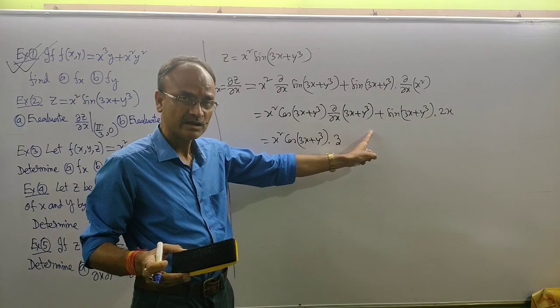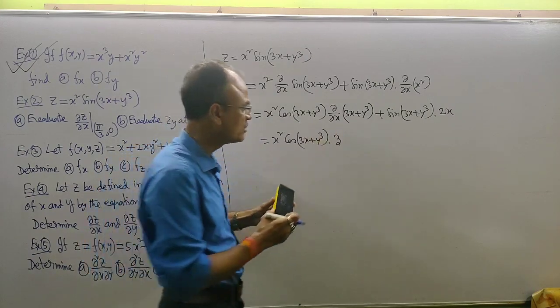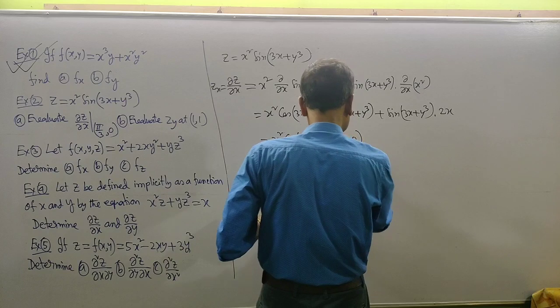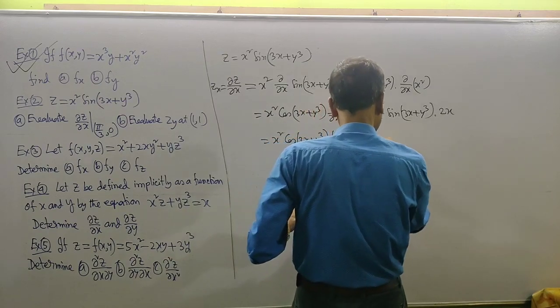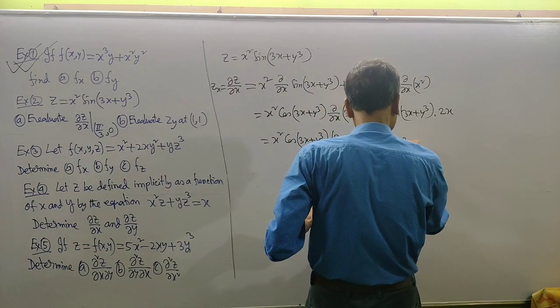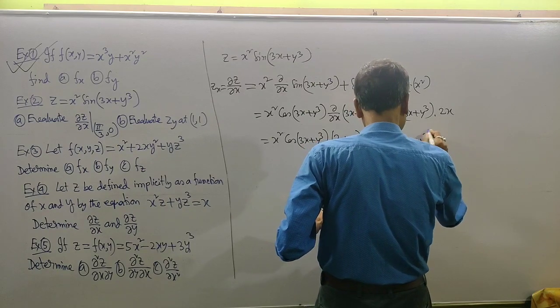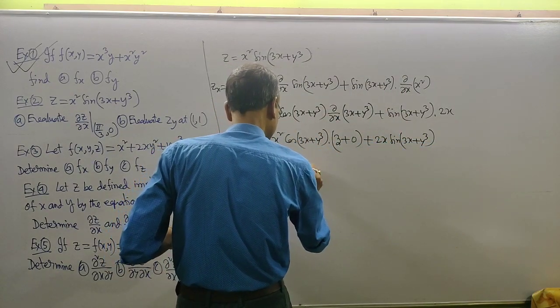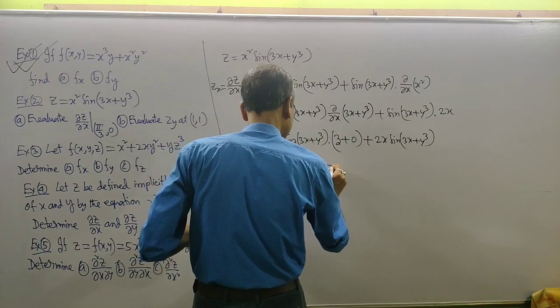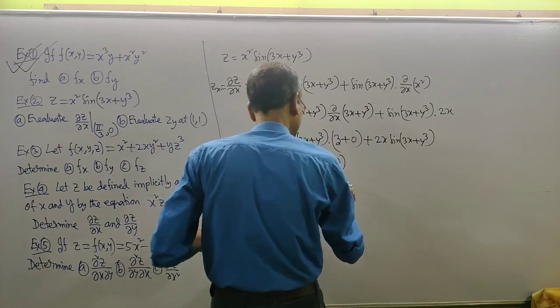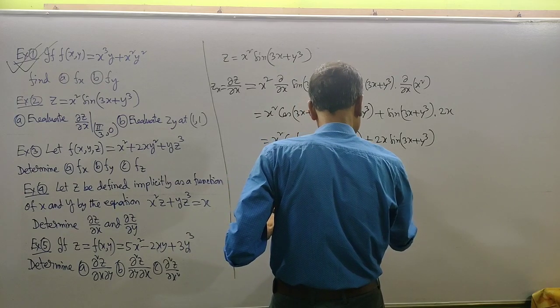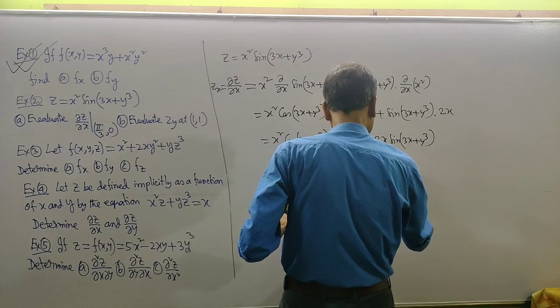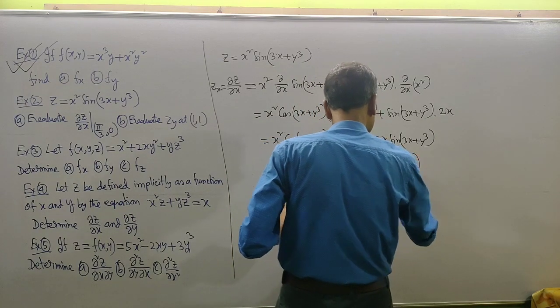Differentiation of the constant y cube is equal to 0. You may write 3 plus 0, plus twice x sine of thrice x plus y cube, or you may write this is equal to thrice x squared cos of thrice x plus y cube plus twice x sine of thrice x plus y cube. You will get this one.